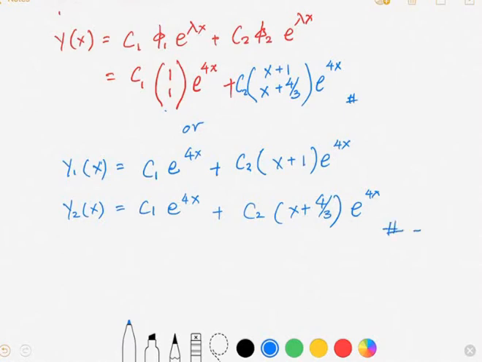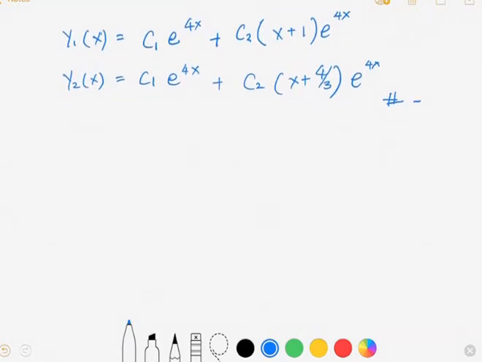Okay, don't forget we have step number 5 for the initial condition. We need to find what c1 and c2 are so that we can substitute. So that is a function of the initial condition. Step 5, we find the particular solution for initial condition y(0) equal to 0, 4 over 3.